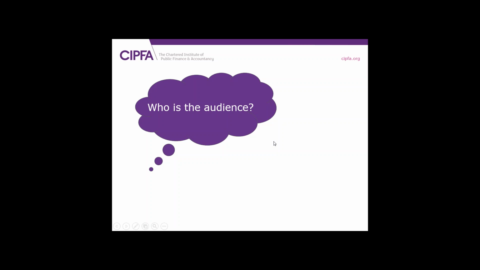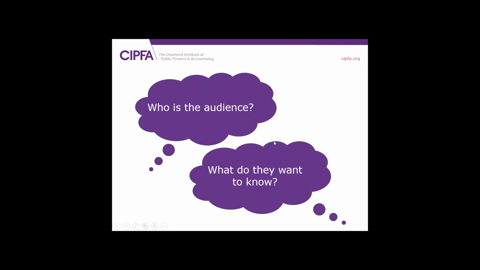The key driver and the key thing we need to know about our audience is what they need to know. So, for example, even a highly visual person will sometimes need to know the detailed data. Understanding what the audience's objectives are is going to lead you to present the information in a way which is most likely to meet their needs.